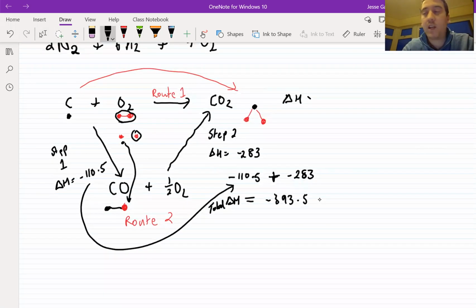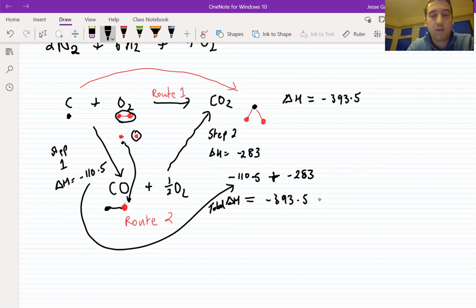So delta H equals minus 393.5. So the story here is that it really doesn't matter if the reaction happens in 1 step or 2 steps or 3 steps, the overall energy change is going to be the same.